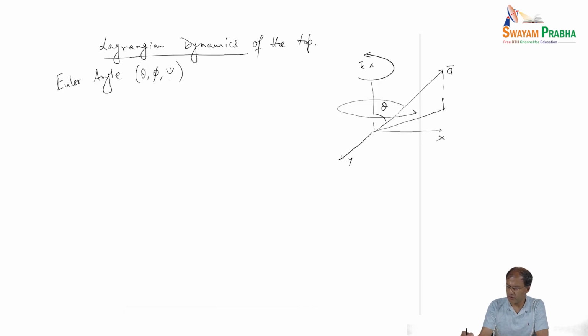So here is my x, y. This is the projection of the top, and it is swiping an angle phi. And then finally, we will see that there is one more motion of the top which we haven't considered so far, and that is the so-called motion of the top itself in this body fitted frame A prime.